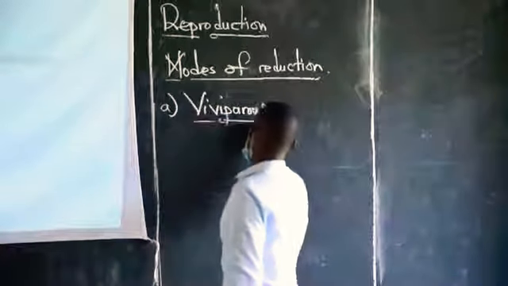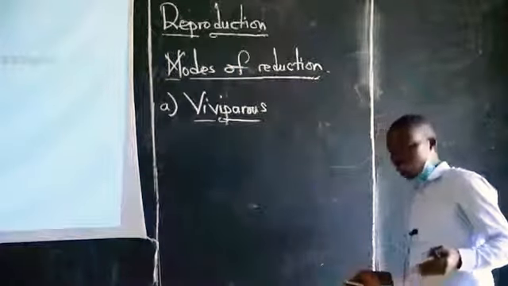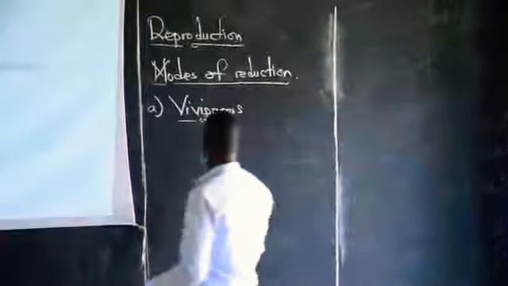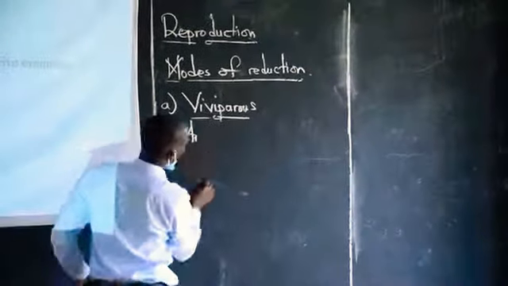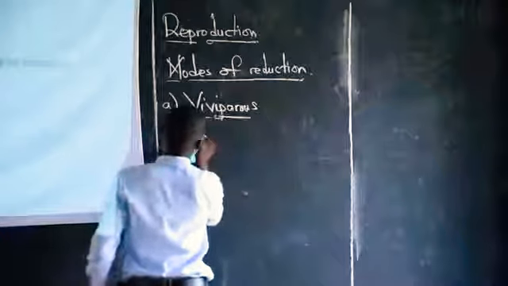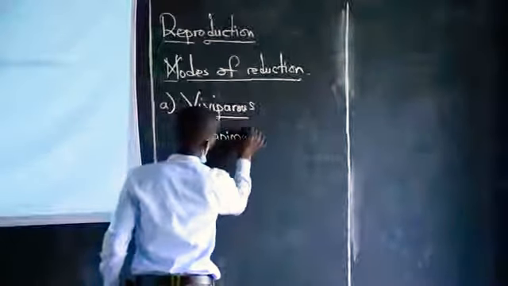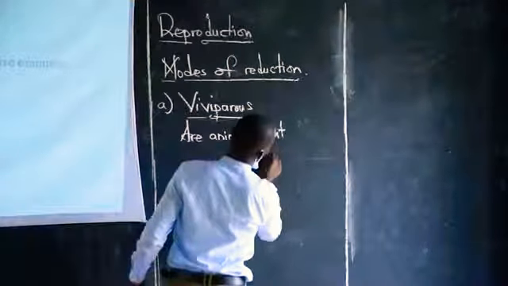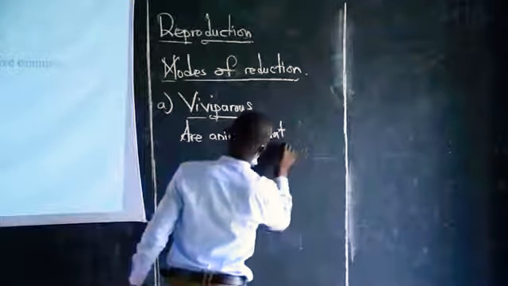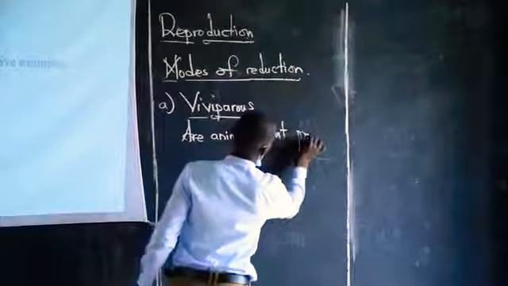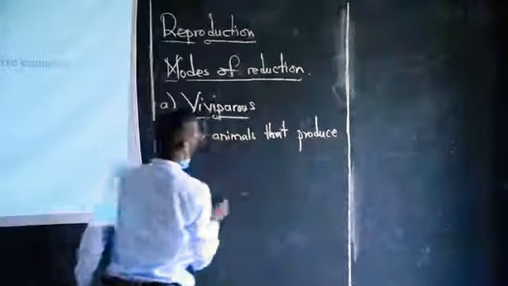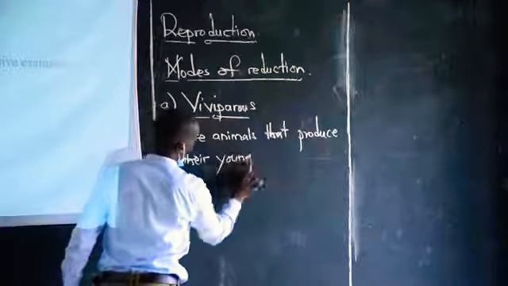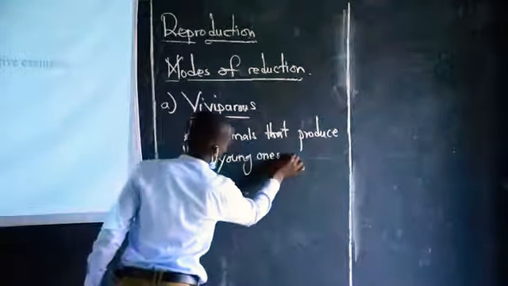Viviparous animals, we are simply going to say, give birth to their young ones alive. You can say viviparous animals produce their young ones alive.